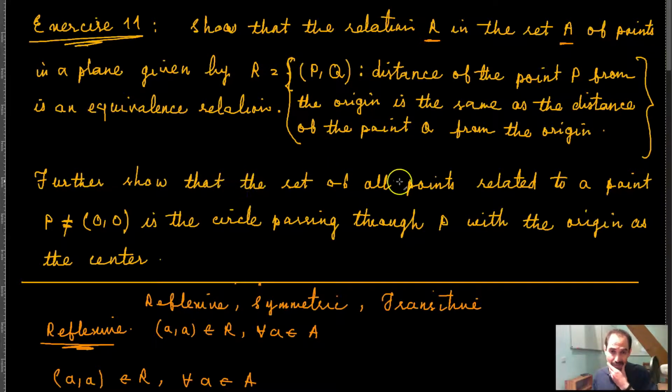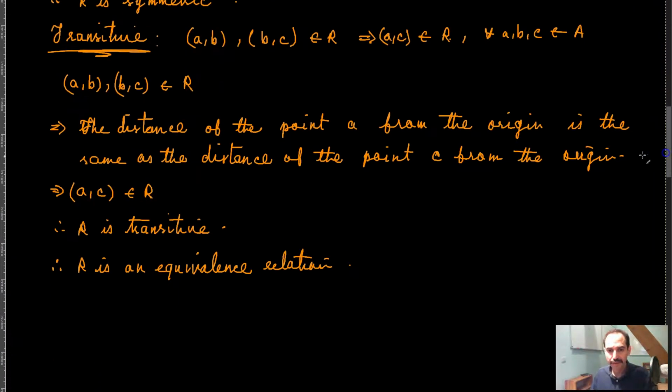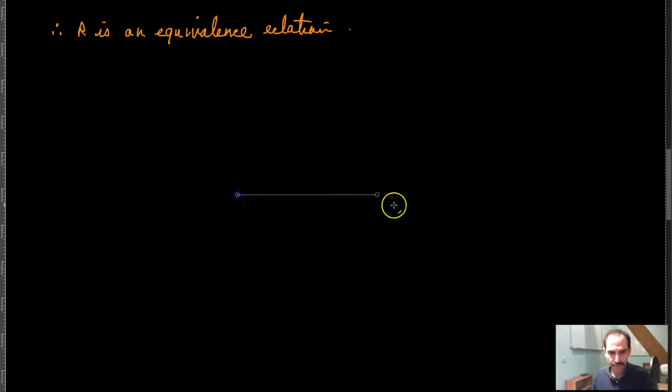So then the set of all points related to P, assuming that P is not the origin, is the set of all points that have the same distance from the origin as the distance that P has from the origin. Meaning that, let's say P is some point over here, and it has some fixed distance from the origin. Let's call that distance D, right?